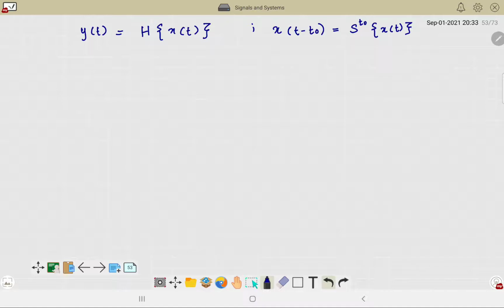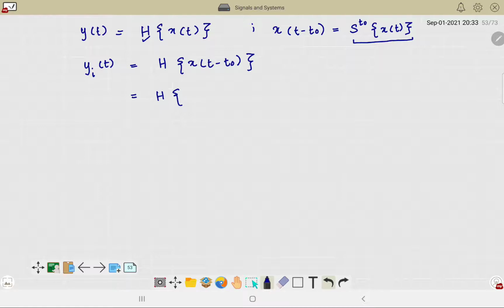Now I want to see what is the output of the system defined by H to this time shifted input. So I can write it as H of x of t minus t naught.